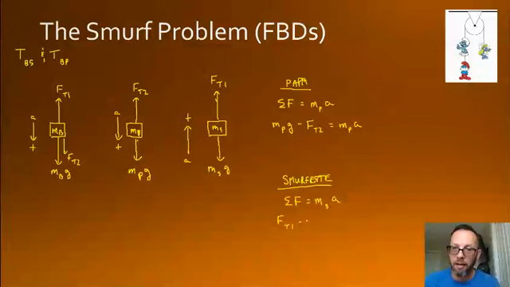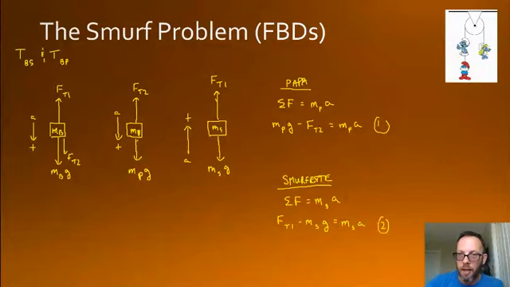We're subtracting the force of gravity, ms times g, and that equals msa. I'll call that equation 1 for now, and this equation 2 for now. In Papa Smurf's equation, one equation, two unknowns. In Smurfette's, same thing, one equation, two unknowns: don't know the tension, don't know a. But this is a different tension. So right now we have two equations and three things that we don't know.